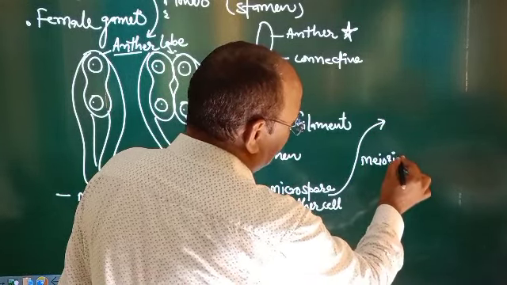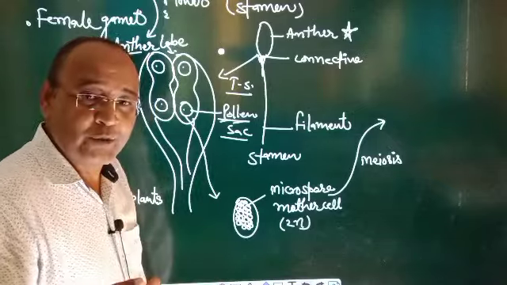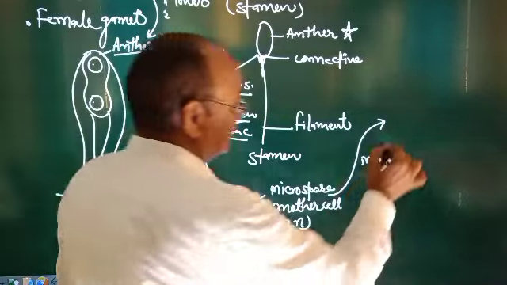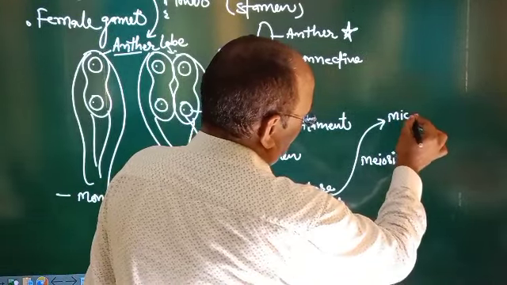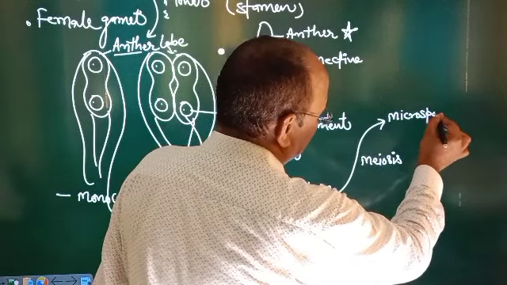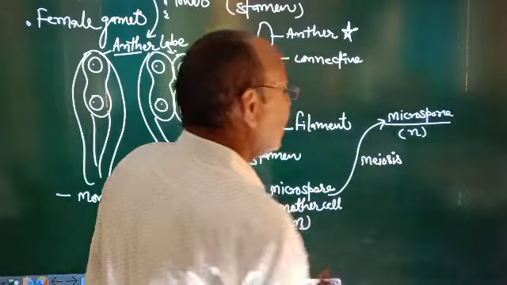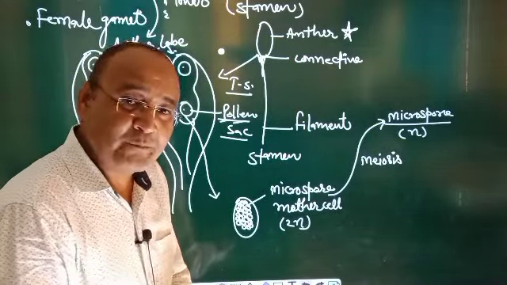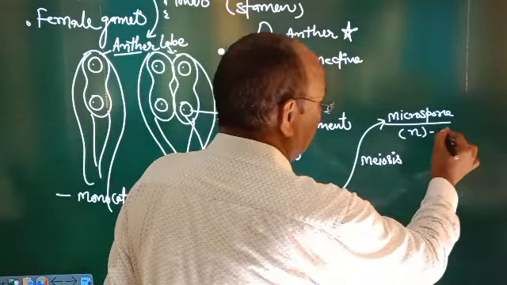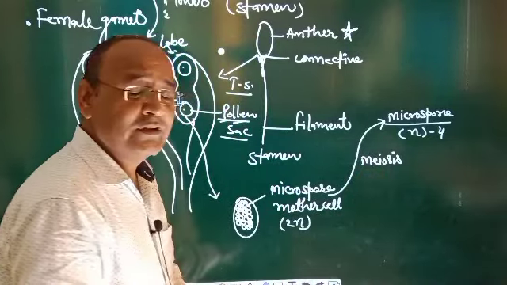meiotic division or meiosis to form microspores, and microspores are haploid, and the number of microspores is 4. Why is it 4?